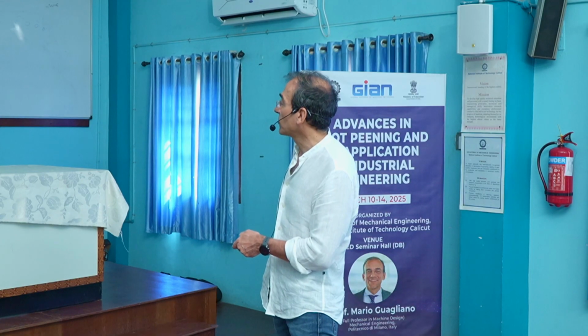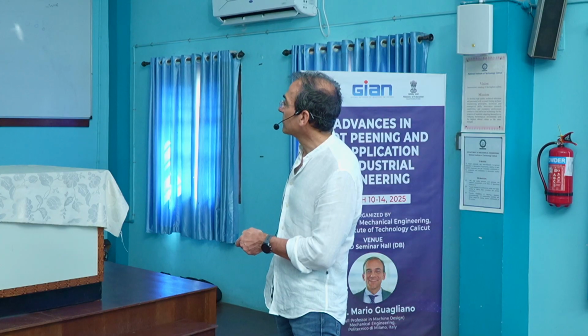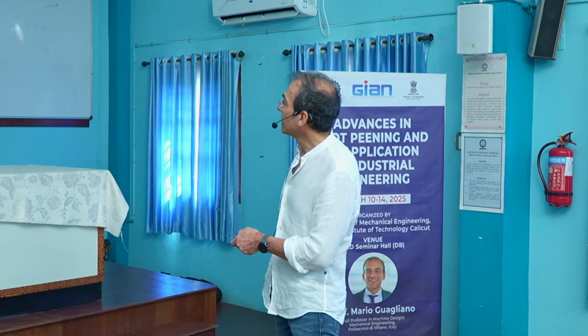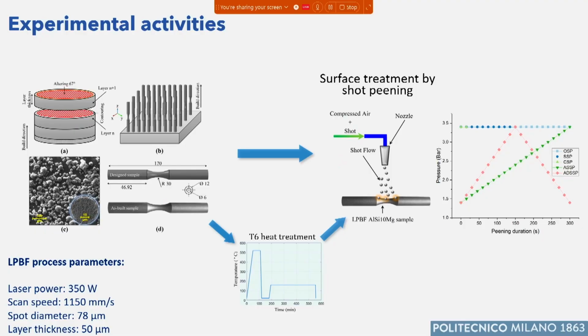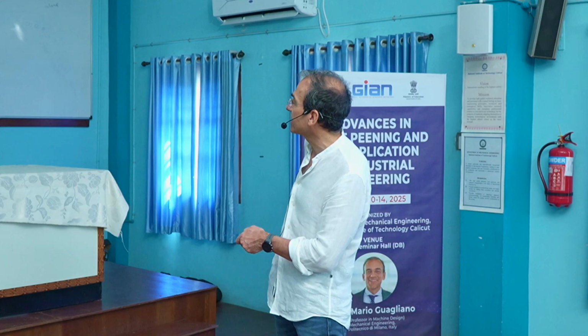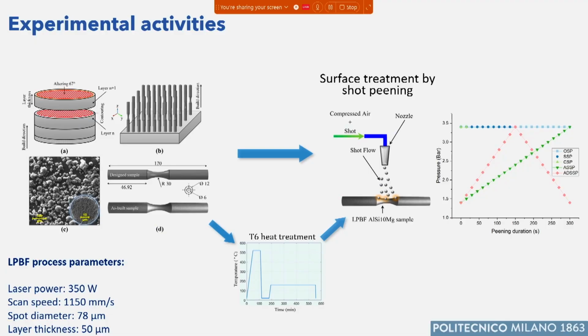One is conventional shot peening, which we cannot see in the slide. Ascending severe shot peening is this, where we stop here at 1/2 of the total duration. For overshot peening, we use the same pressure of severe shot peening, but we prolong the treatment much more, till 300 seconds, to induce damage.